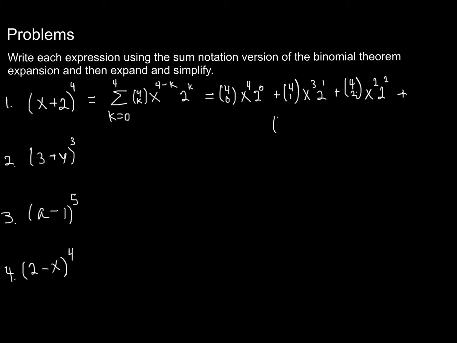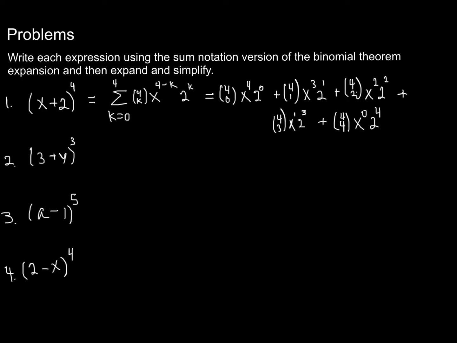Now k is 3, so I'll have 4 choose 3, x to the 1, because, again, k is 3, so I'll have 4 minus 3, which is 1. 2 to the k, so 2 to the third. Plus 4 choose, now k is 4, x to the, and now think about this, k is 4 now, so I have 4 minus 4, or x to the 0, 2 to the k, which is 4.